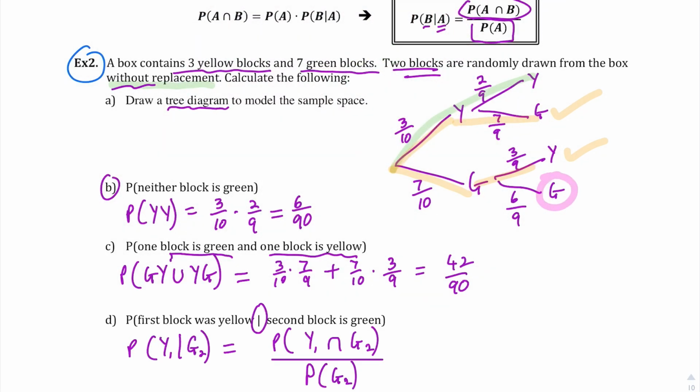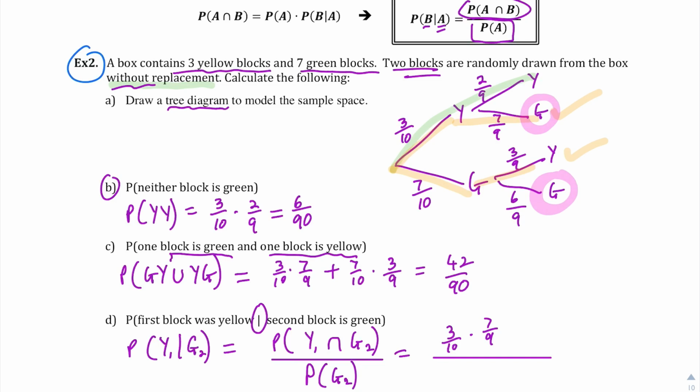And so I'll just highlight green on the second can occur in 2 different ways. And so that's going to be our denominator. And our numerator, probability of yellow on the first followed by green on the second. And so we have 3/10 multiplied by 7/9, and that's going to give us our probability of yellow first, green second.